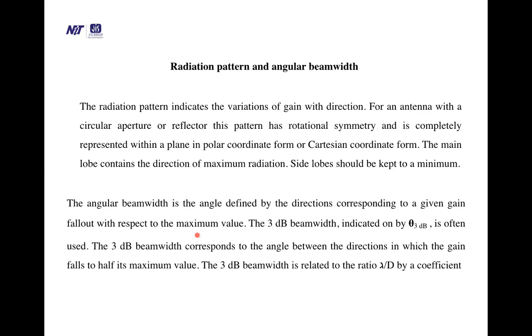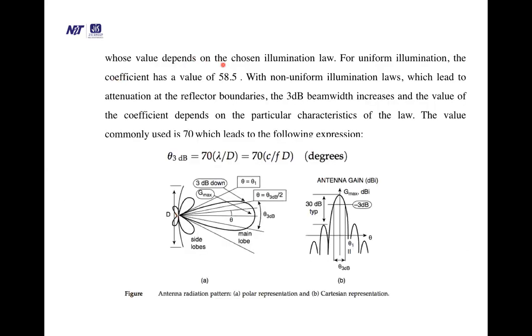The 3 dB beamwidth, theta 3 dB, is often used. It corresponds to the angle between the directions in which the gain falls to half its maximum value. The 3 dB beamwidth is related to the ratio lambda by D by a coefficient whose value depends on the chosen illumination law. For uniform illumination, the coefficient has a value of 58.5.